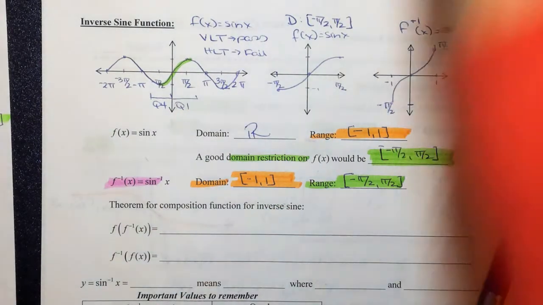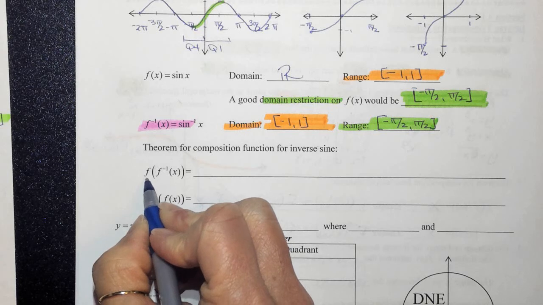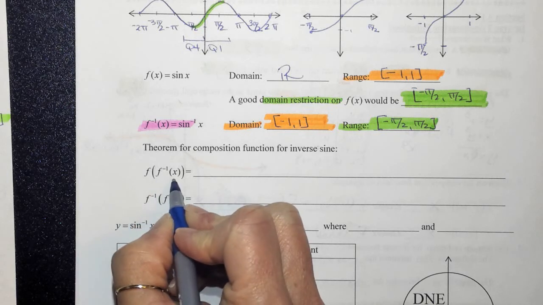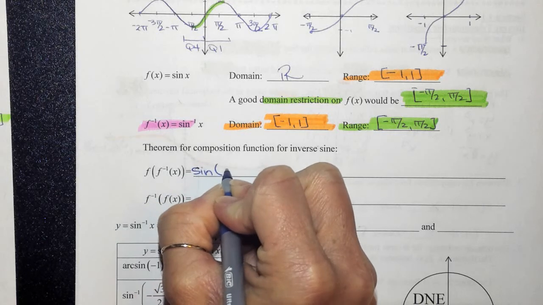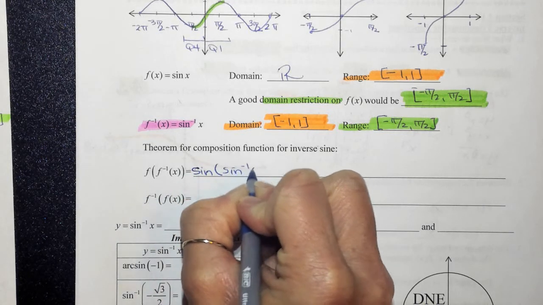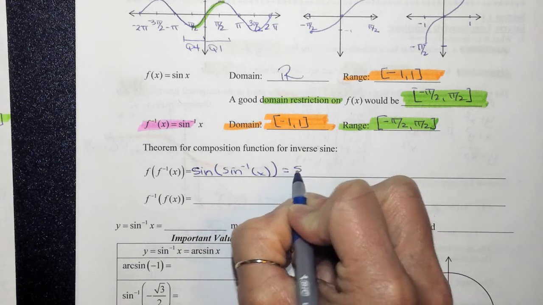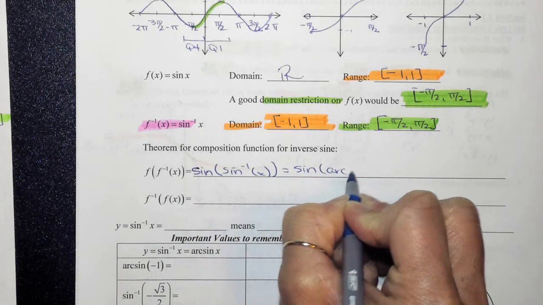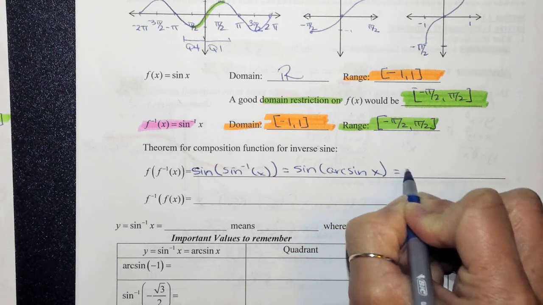Okay, now remember the composite for the inverse sine. If we know our original is the sine of x, and this is the arc sine, you've got the sine of the arc sine, or inverse sine, of x, which should be equal to x.